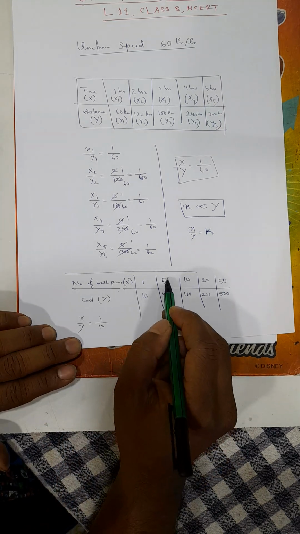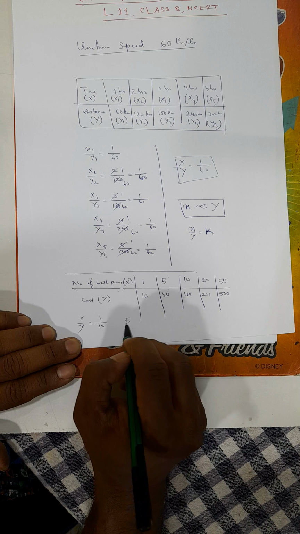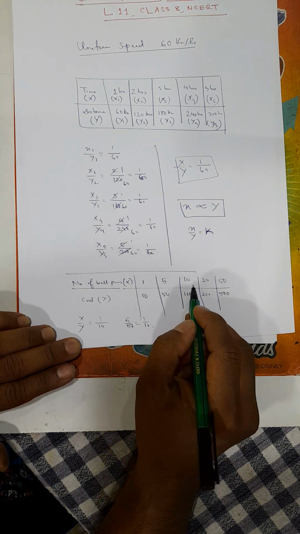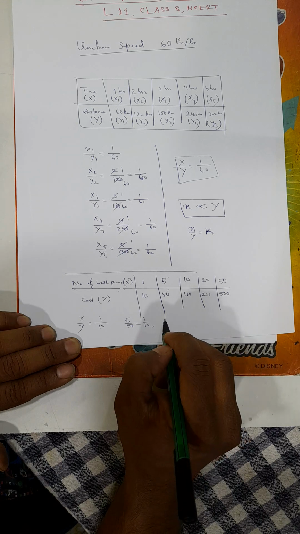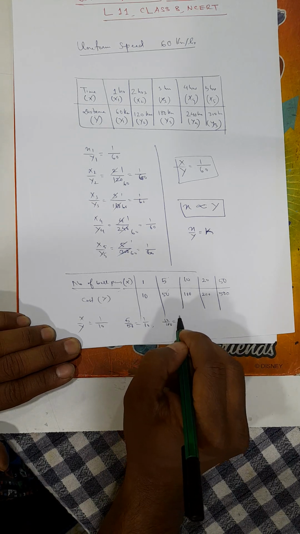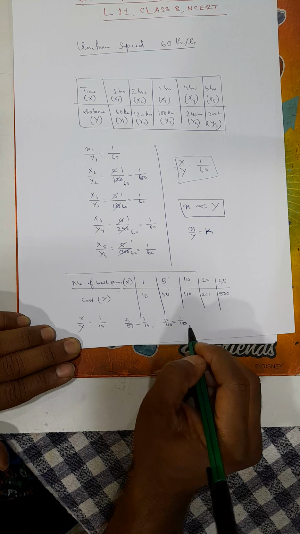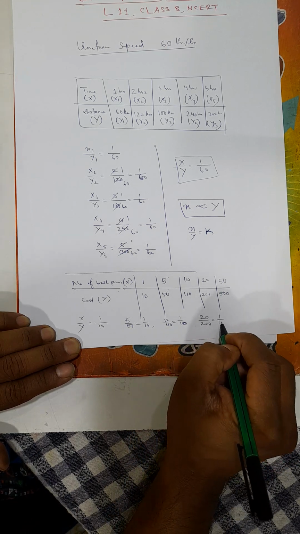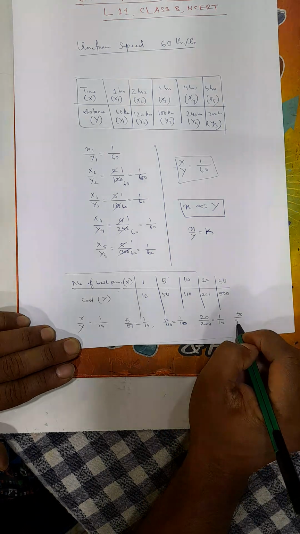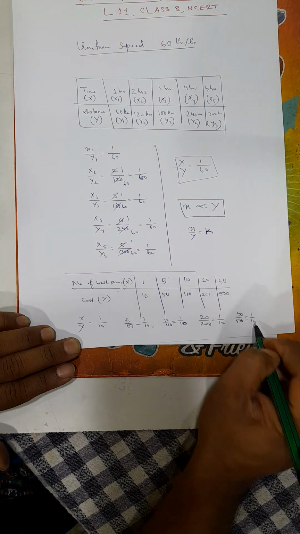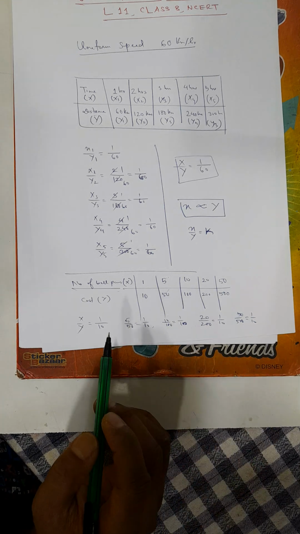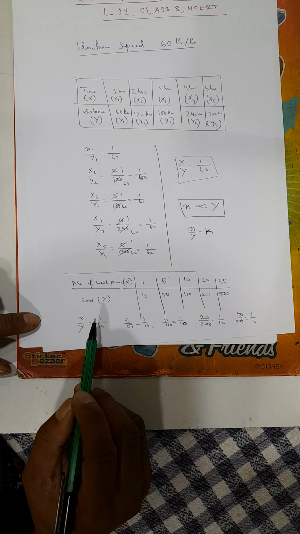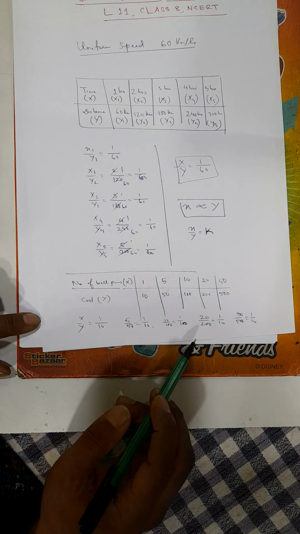So you see here x by y is 1 by 10. In the second case also, if you simplify 5 by 50, that means 1 by 10. Here also 10 by 100 means 1 by 10. 20 by 200 is again 1 by 10. 50 by 500 is again 1 by 10. So these two quantities x and y are related in such a way that x by y is a constant.